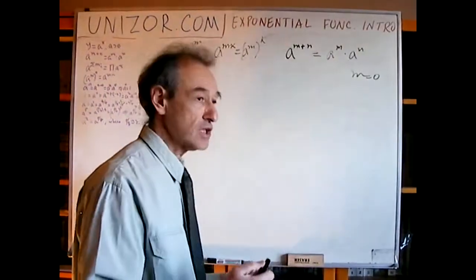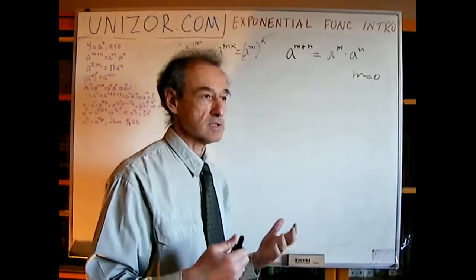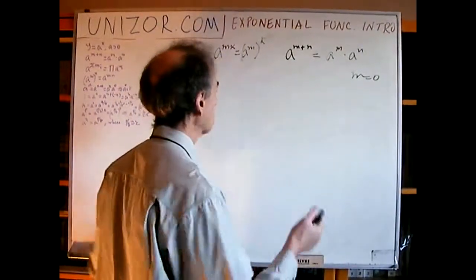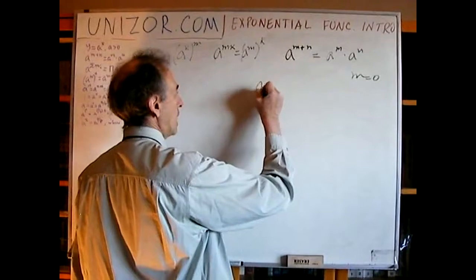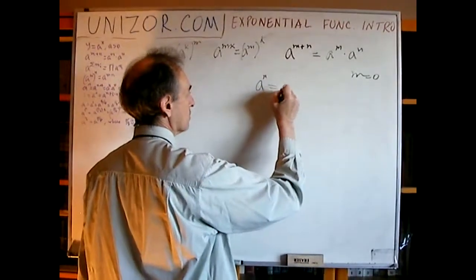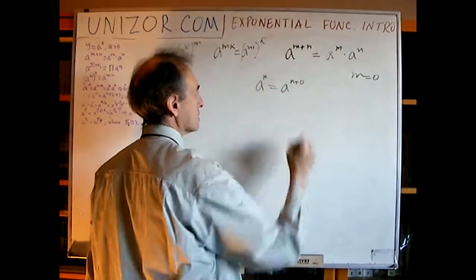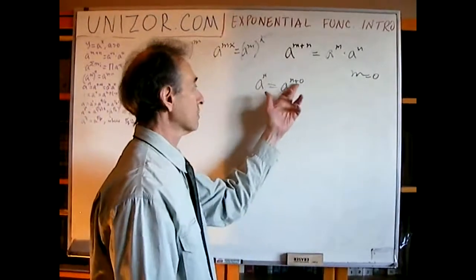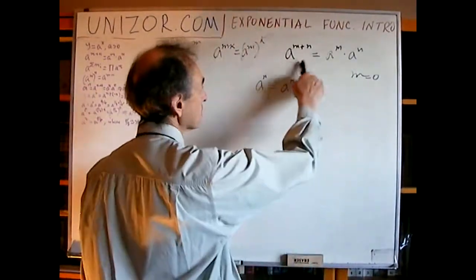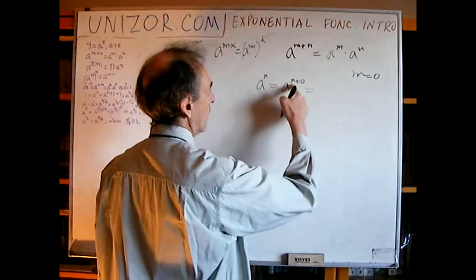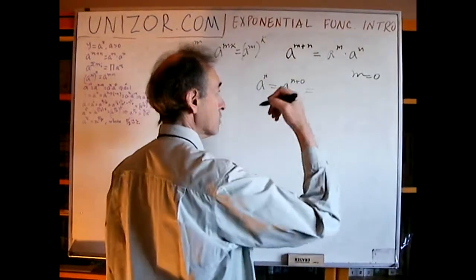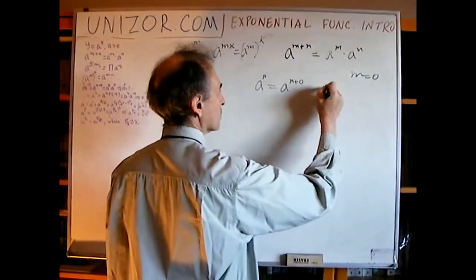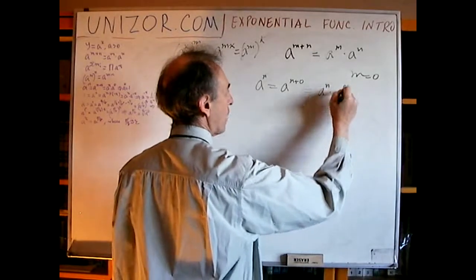So our definition must be based on some logic, and here is the logic. a to the power of n is equal to a to the power n plus 0, right? Because n is equal to n plus 0. Now, using this rule formally, it's a to the power of n times a to the power of 0.